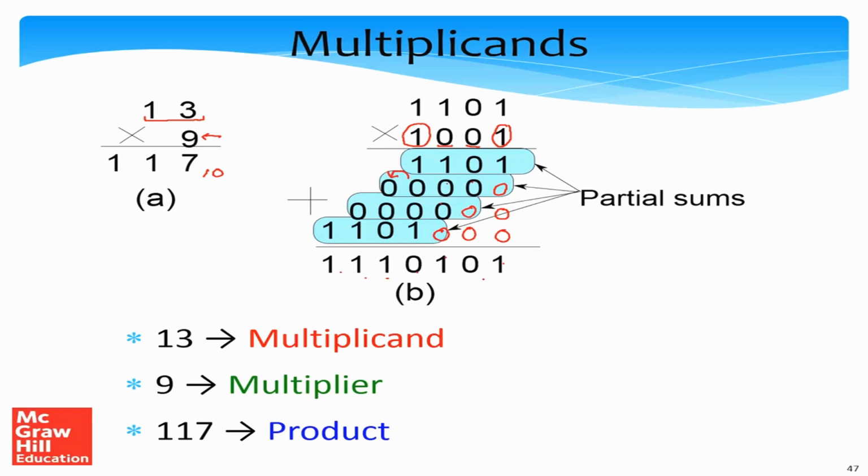So what is this number? This is 1 plus 4 plus 16 plus 32 plus 64. So 64 plus 32 is 96, 96 plus 16 is 112, plus 4 is 116, plus 1 is 117.